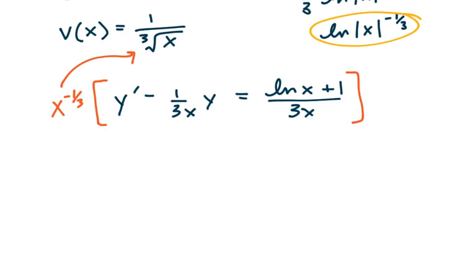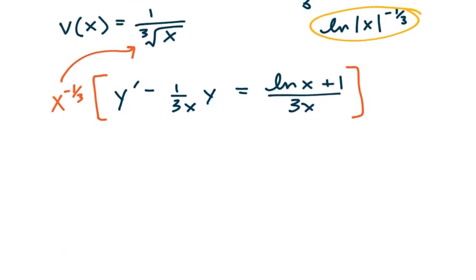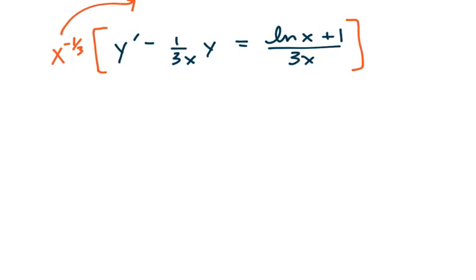You want to feel comfortable at this point switching between the rational exponent and the cube root, and then using those negative exponents to move things to other sides of the fraction.